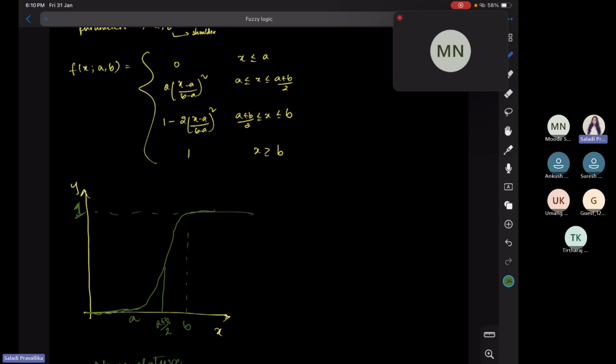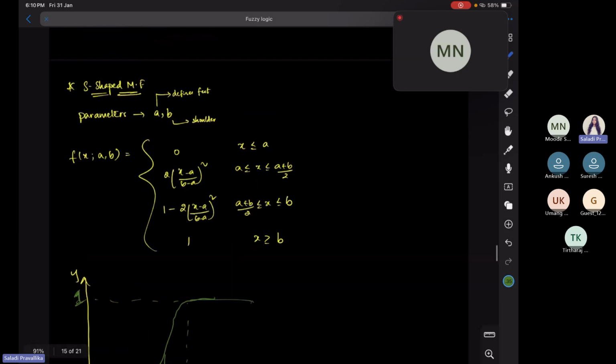Whereas if x is between the mean of a and b and b, then it is going to be 1 minus 2 into ((x minus b) by (b minus a)) whole square. The rest of the values are equal to 1. So these are the total membership functions that we have in this entire lecture.